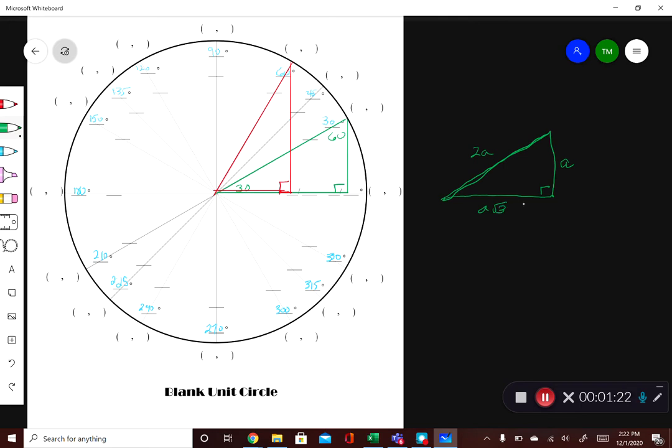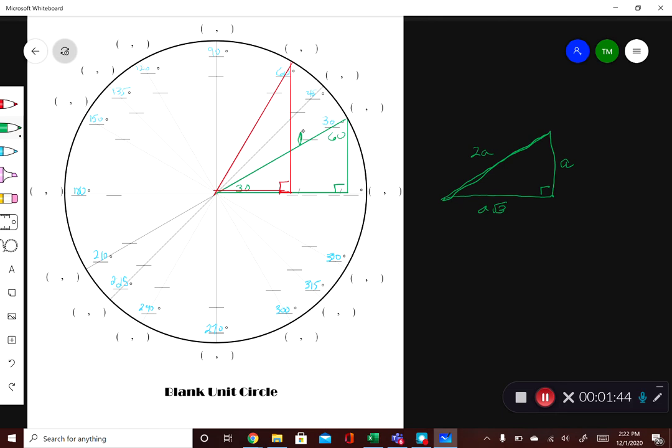So if we can find the value for a, we can find the length of every side of this triangle. And we do in fact know one of the sides of this green triangle that I have drawn for you on the unit circle, and that's the hypotenuse, and that length is 1 because it is a radius of 1 unit.